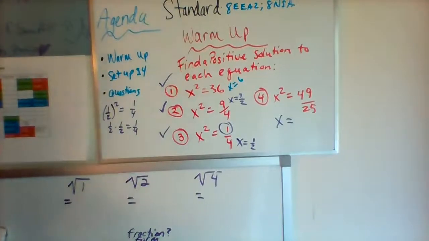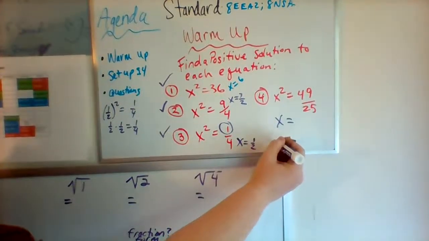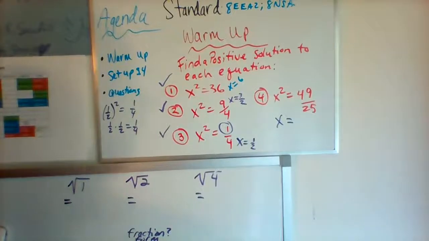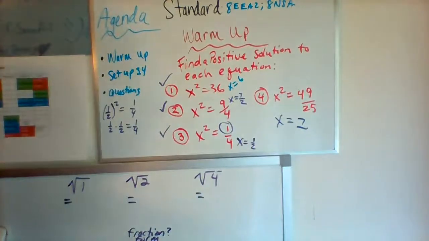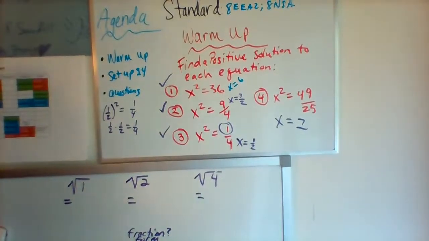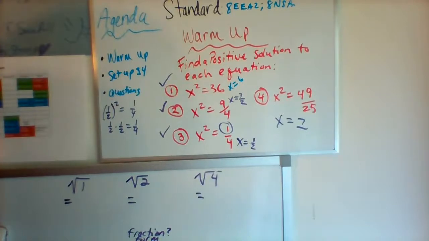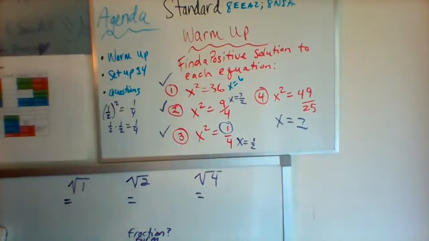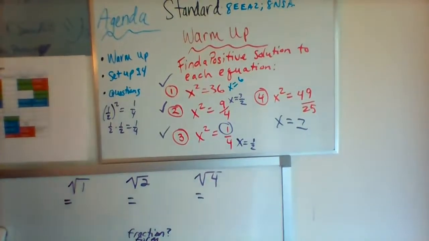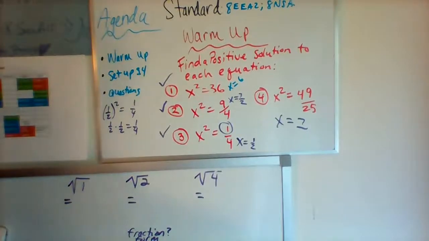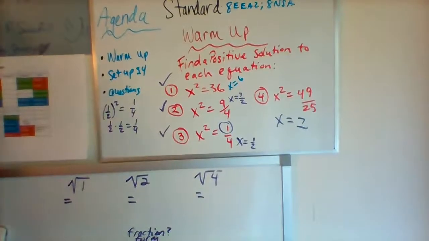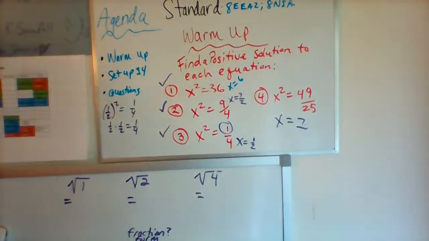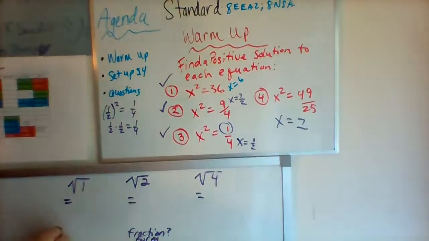Okay, if we did 7, then we would say 7 times 7 is 49. So that gives us our numerator, but what about our denominator? So 7 over 2 or 5.